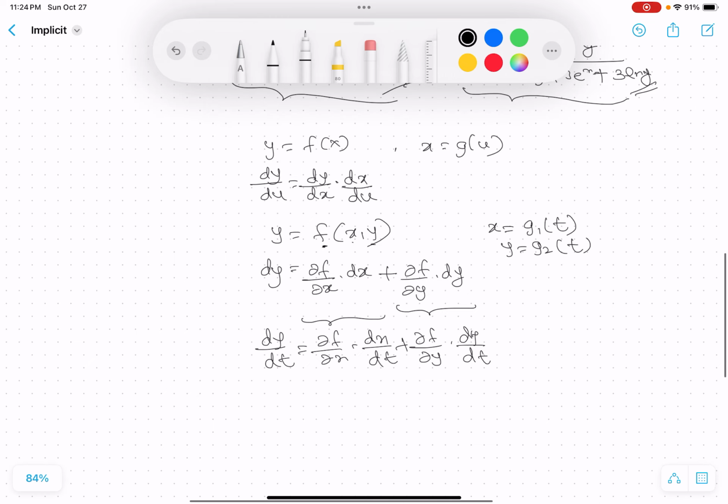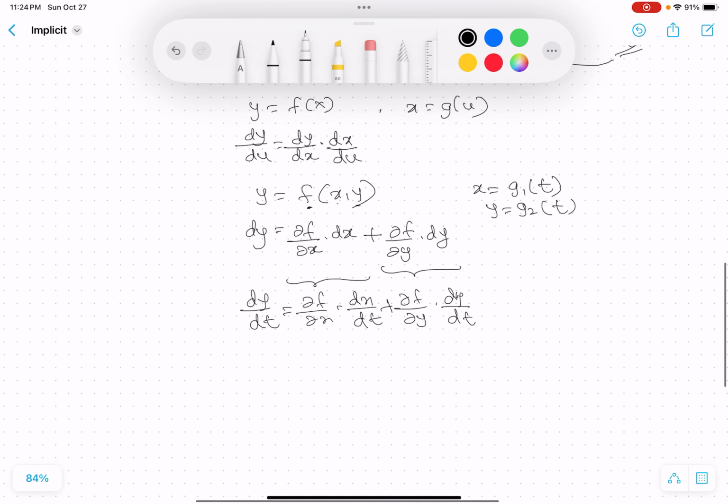Now the multi-variable chain rule works in the same manner even if there are many variables, and if all of these are functions of t. If these are functions of more than 2 variables, I have a video where I've explained those things. It's the previous video, you can check it on my channel.